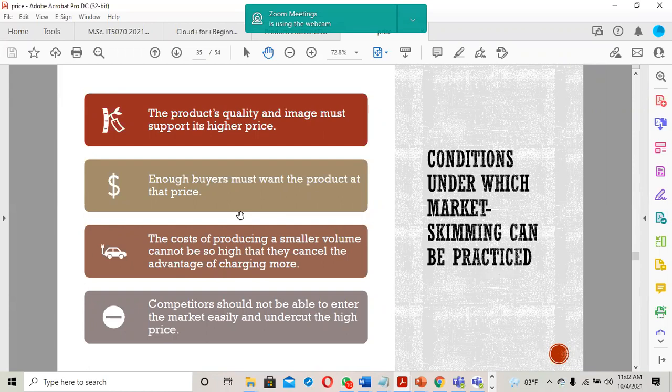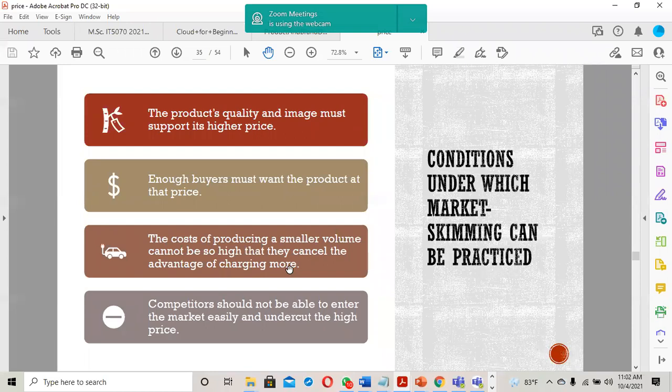So there should be enough buyers like that, who are ready to purchase that new version even at a higher price. Otherwise, this market skimming strategy is not going to work, okay? So third one, the cost of producing a smaller volume cannot be so high that it cancels the advantage of charging more. Okay.